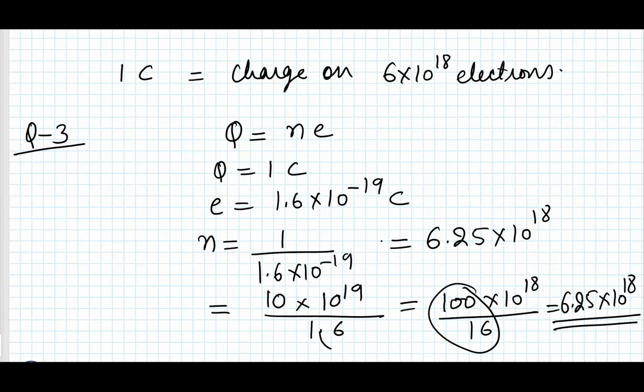Or 1 coulomb is equivalent to charge contained in 6.25 into 10 to the power 18 electrons. Okay. 1 coulomb is actually the charge which is contained in 6.25 into 10 to the power 18 electrons. Okay.